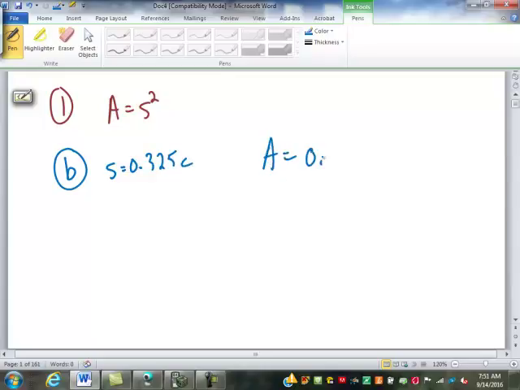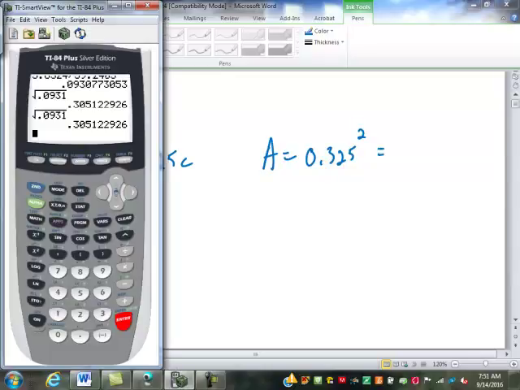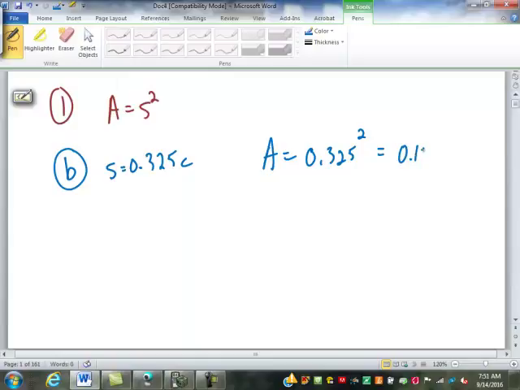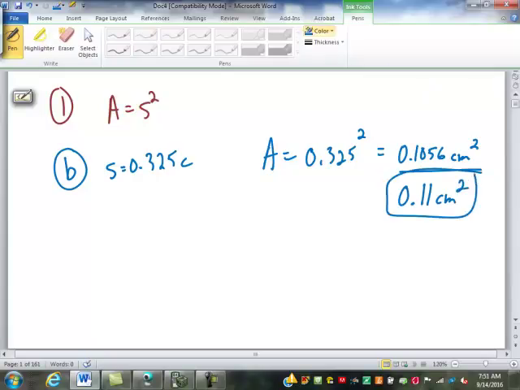The area is 0.325 squared, which is 0.1056 centimeters squared. Now that's just rounding off. It says give your answers to 2 decimal points. So this would be 0.11 centimeters squared, because they're telling you in the problem to round to 2 decimal places.